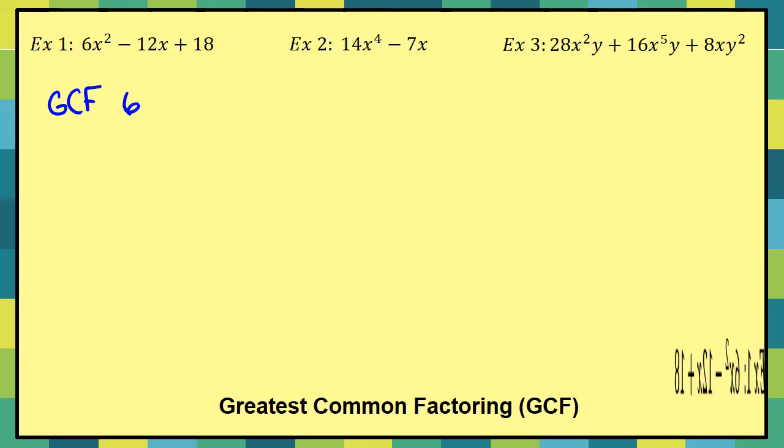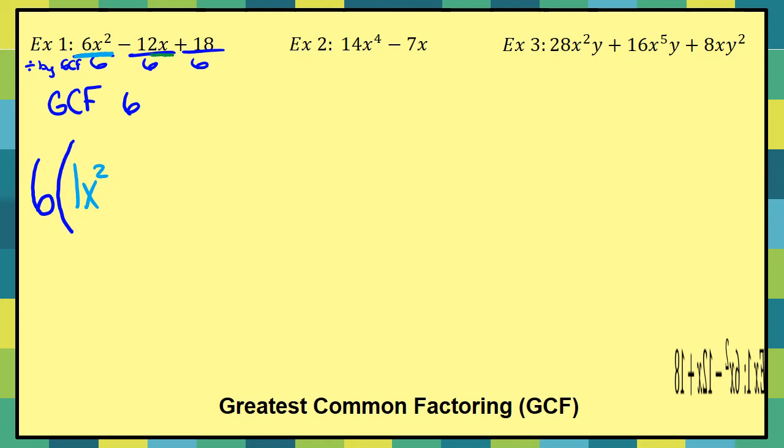Now I need you to actually divide them out. So we're going to divide every term by the GCF. We're going to leave that 6 hanging out on the outside. We need that. And we're going to start a parenthesis of what is left over. So if I have a 6x squared divided by a 6, I have a 1x squared.